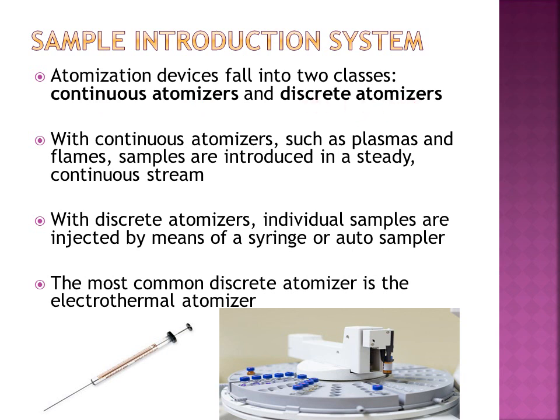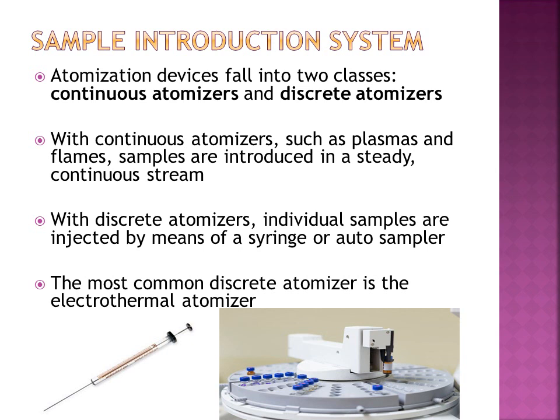Now see, what are these? Plasma and flames fall in the continuous type of atomizers. In these atomizers, we have to introduce the sample in a steady continuous stream.